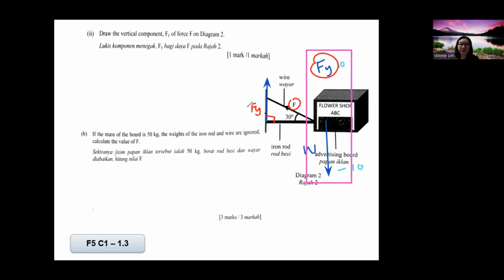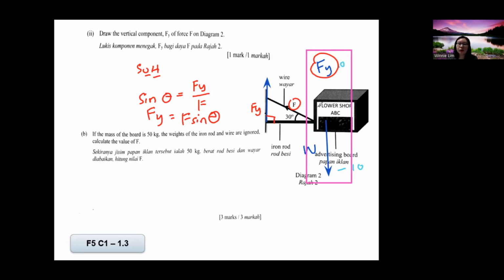Basically, you can use sine, right? So sine theta equals opposite over hypotenuse. Your hypotenuse is F. So hence, you have the relationship Fy equals F sine theta. So this is how you resolve a force and get the idea.